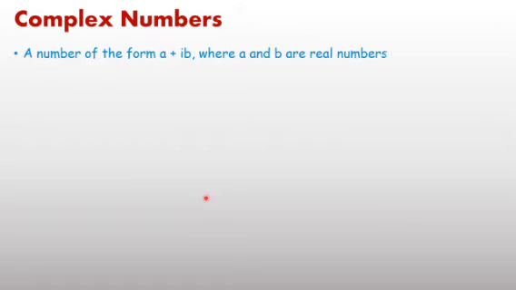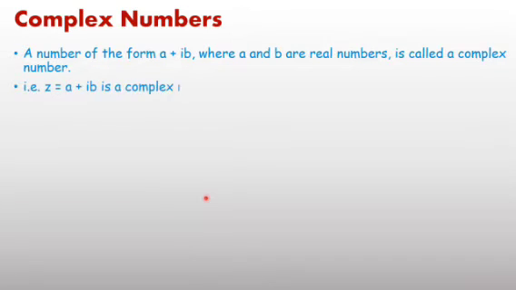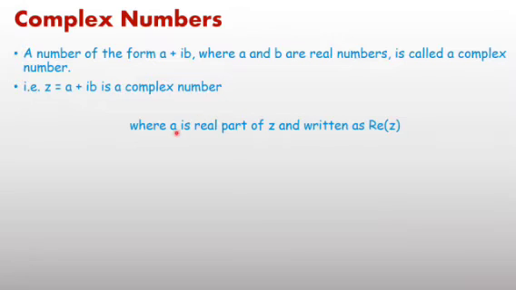Now, definition of complex number. If any number is written in the form of a plus ib, then it is known as a complex number, where a and b are real numbers. That is, a plus ib is a complex number, and a is known as the real part of this complex number z, and we can write the real part in short form as Re(z).